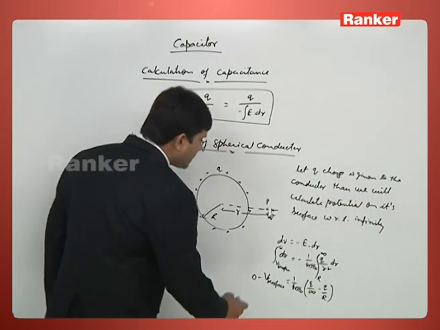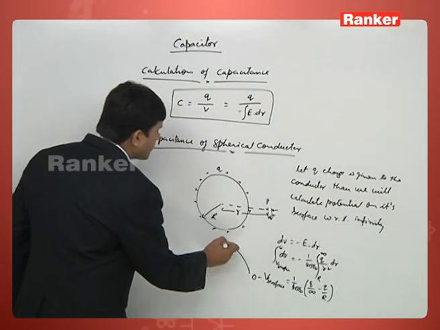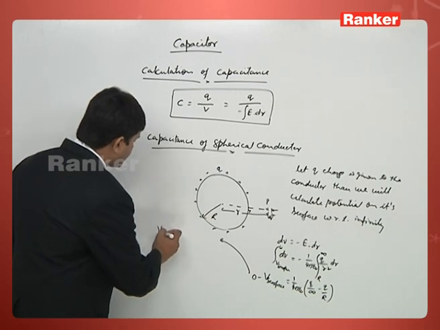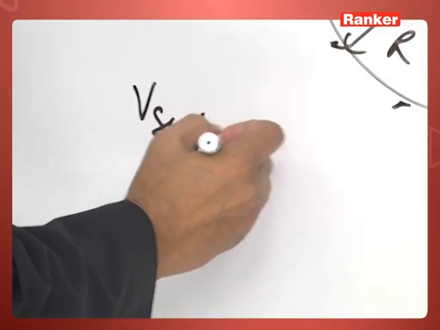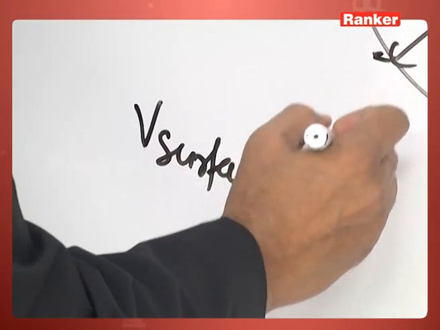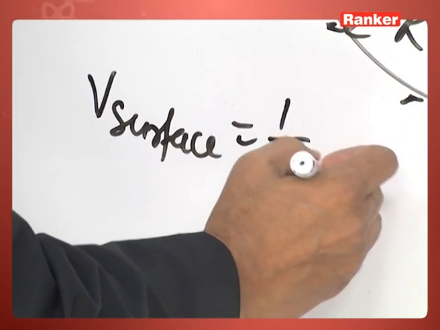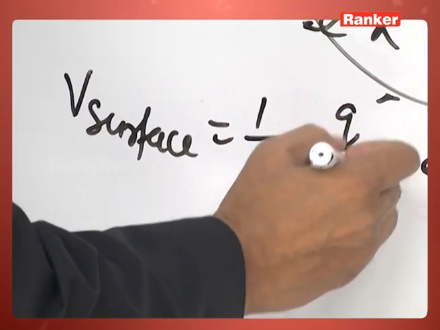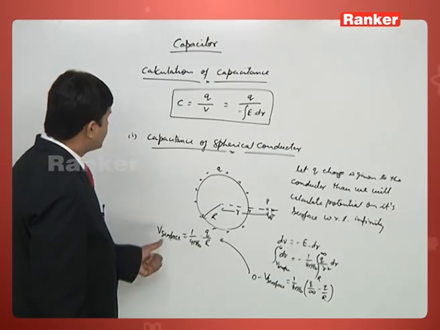Finally, V on surface equals 1 by 4 pi epsilon naught Q by R.